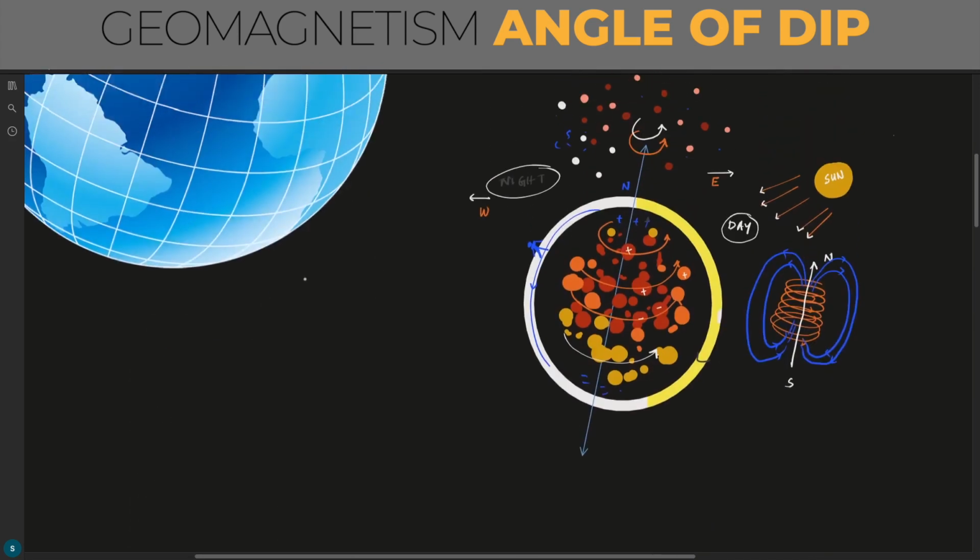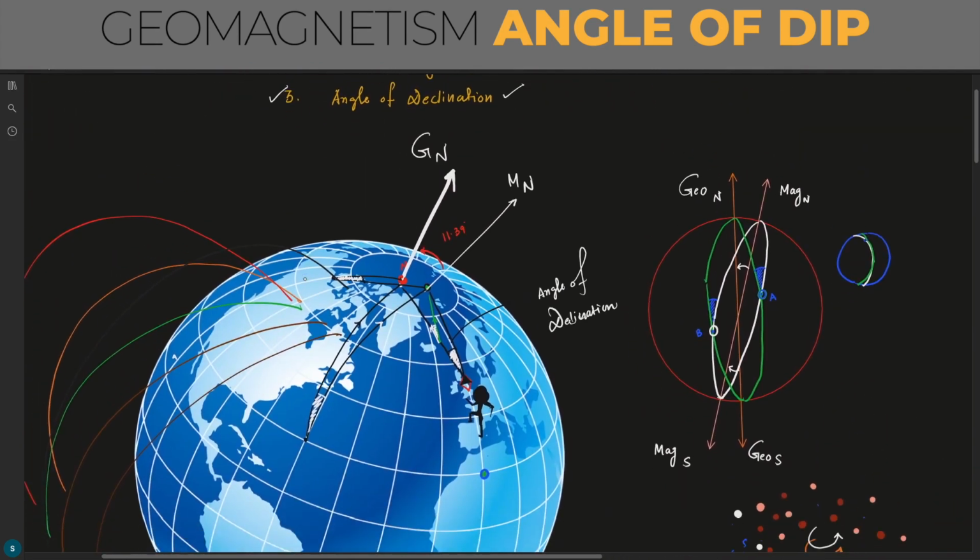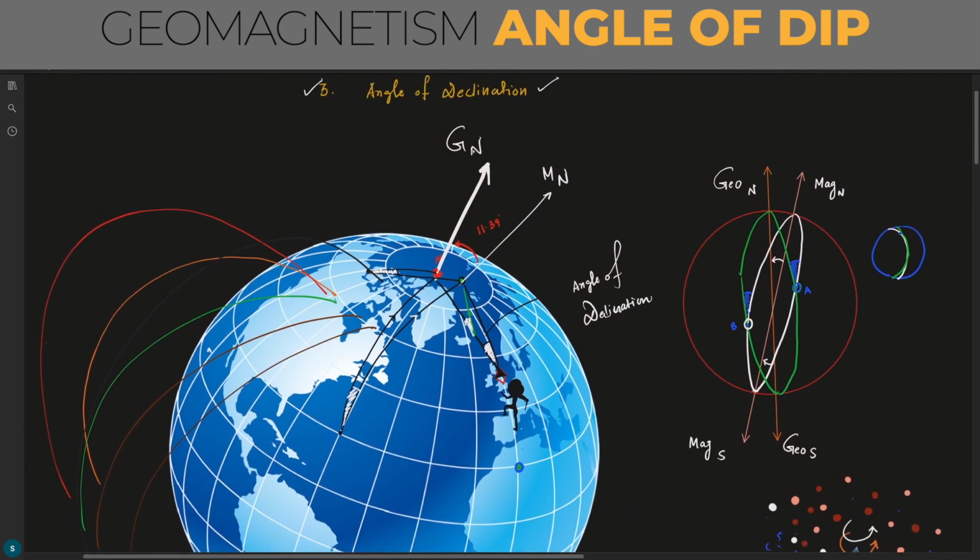So if this is the geographic north pole, then all the magnetic lines of force will come in this direction.